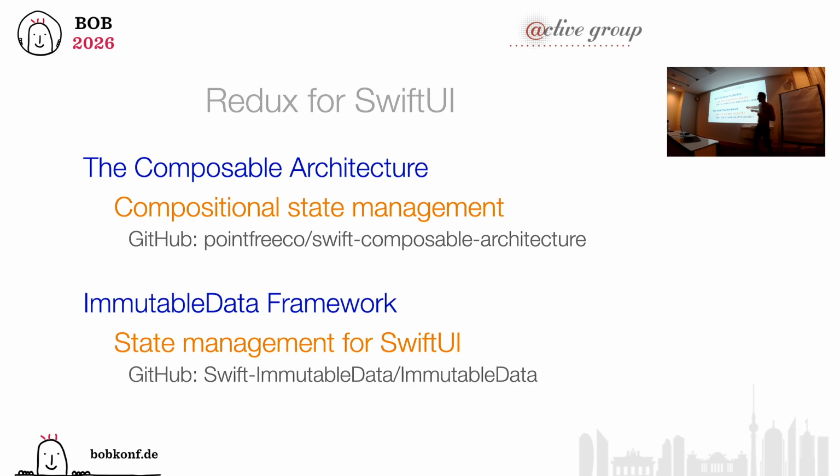And then there's the immutable data framework, which is much more focused on the Redux for SwiftUI use case. And then coming back to, I said, well, beyond the 3 challenges outlined in Mike's paper, I think extensibility and performance, performance kind of the scaling.